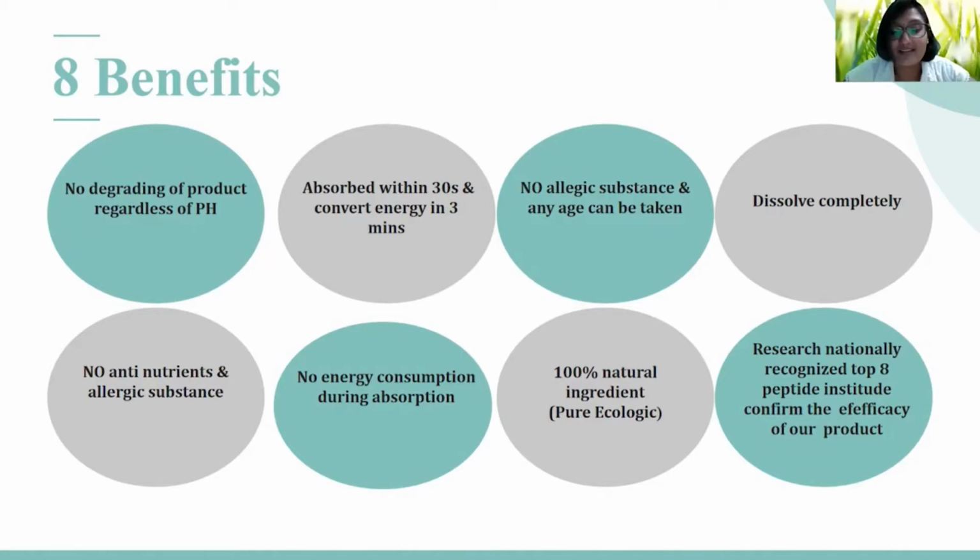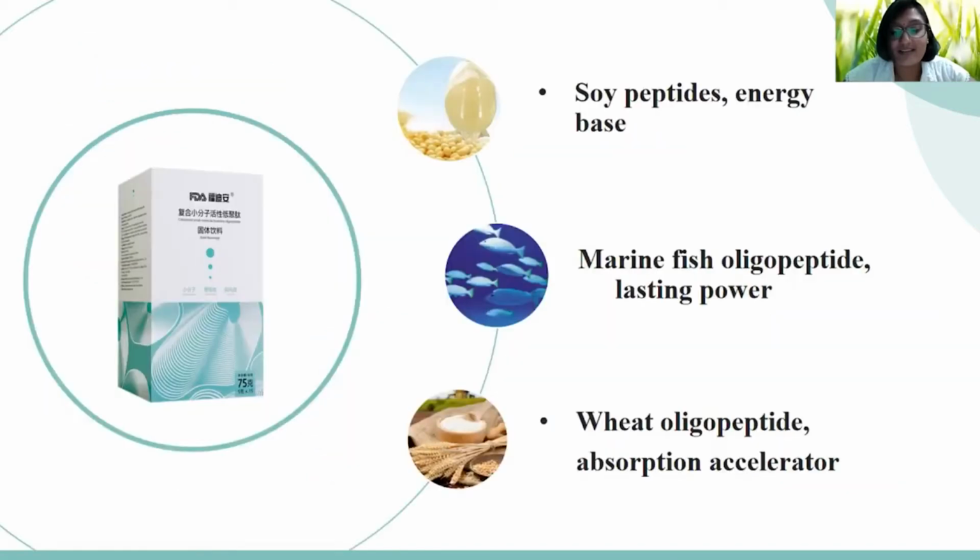It's because soy has peptide power, which has good water solubility, water holding capacity, foaming property, and completely dissolves under a pH of 2 to 10, acid and base. Now, marine fish oligopeptide is purified from sea fish. It helps to synthesize collagen in the human body.